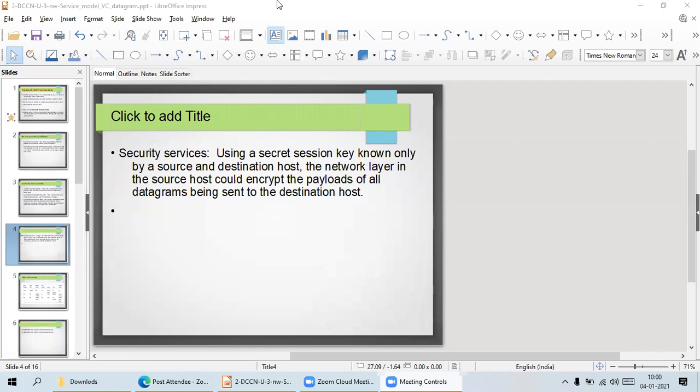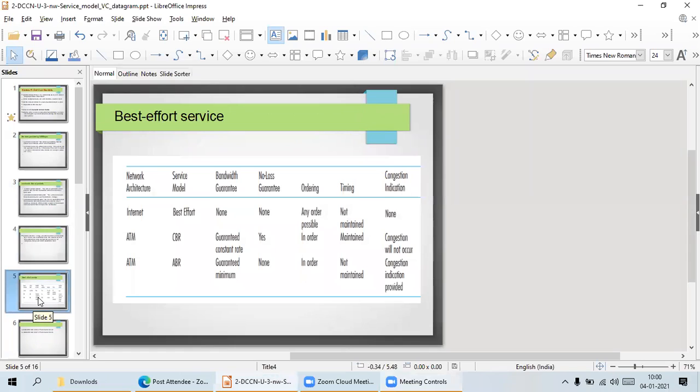Okay, next. These are the four or five things we are going to understand. Now we are going to have some models. There are two models: first, the internet IP architecture, and next, asynchronous transfer mode.